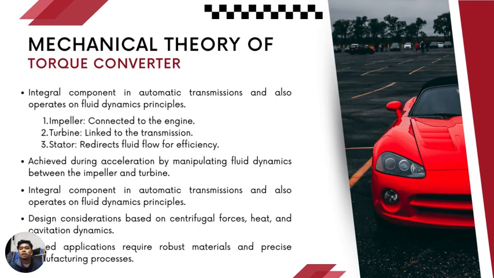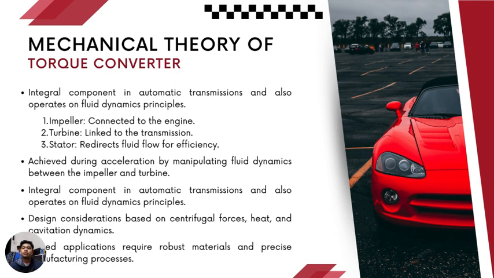The torque converter, a key component in automatic transmissions, operates on fluid dynamics principles. It comprises an impeller connected to the engine, a turbine linked to the transmission, and a stator for fluid flow redirection.